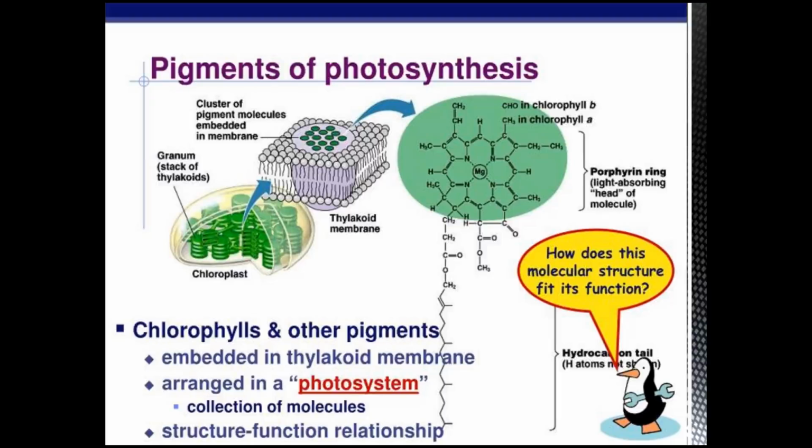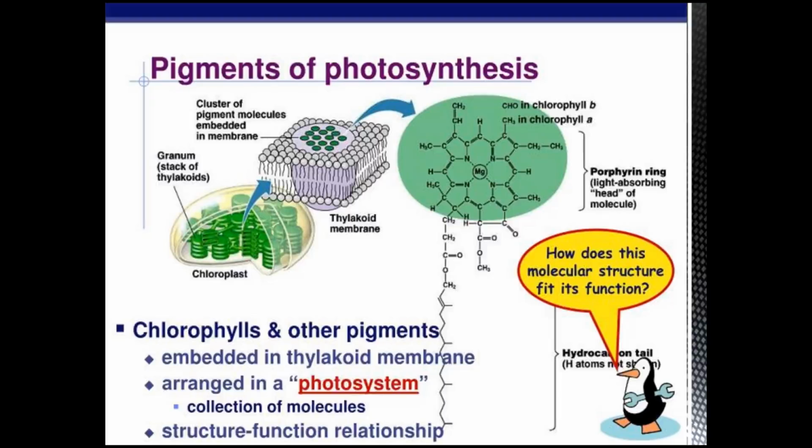Chlorophyll A is a primary pigment. What is the primary pigment? Chlorophyll A is a primary pigment that traps solar energy and converts it into electrical energy and chemical energy. Thus it is called the reaction center.